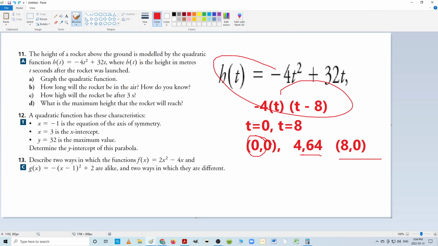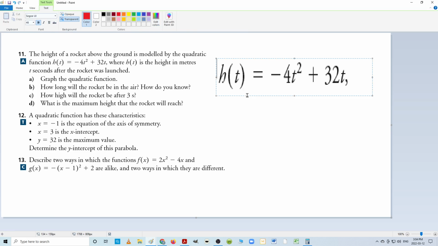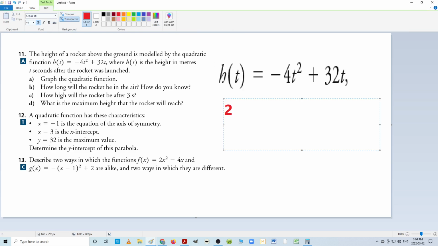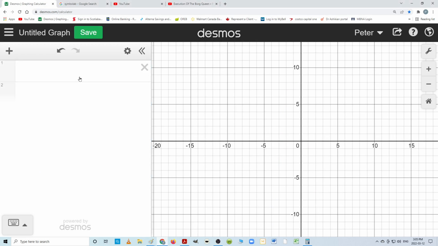They might give you a height. They might say, when is the rocket at 20? So that means you would put 20 over here. Actually, let me put this into the decimals first, just to show you. So you get y is equal to minus 4t squared plus 32t.